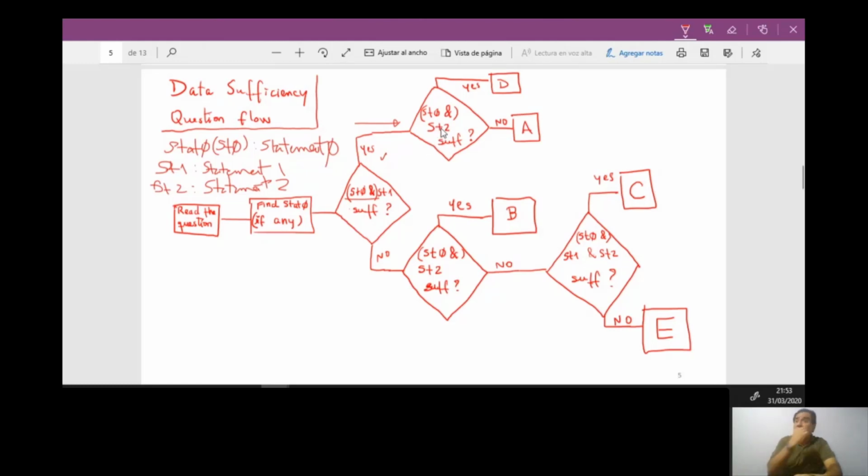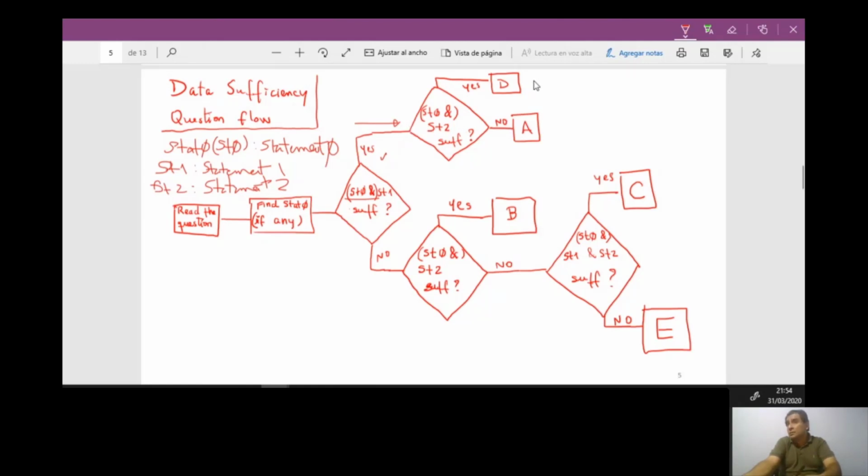From your analysis, you will have one of two possible answers. Statement 2 is sufficient in your opinion or not. What happens if you consider statement 2 also sufficient, same as statement 1?